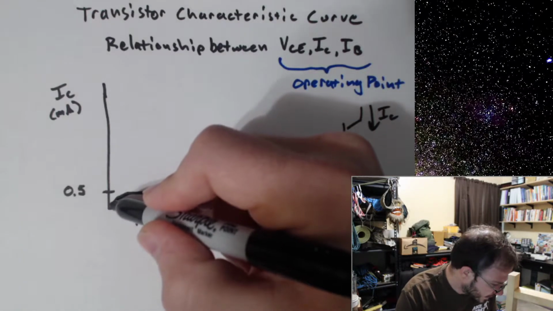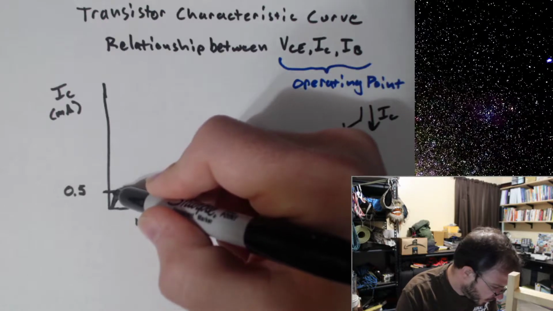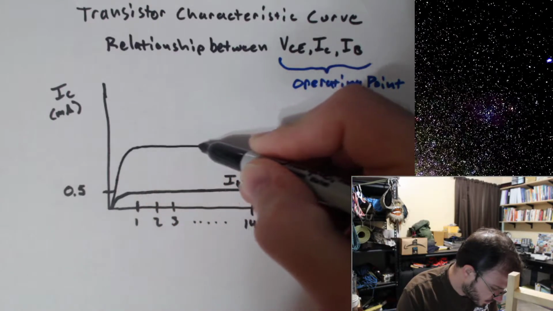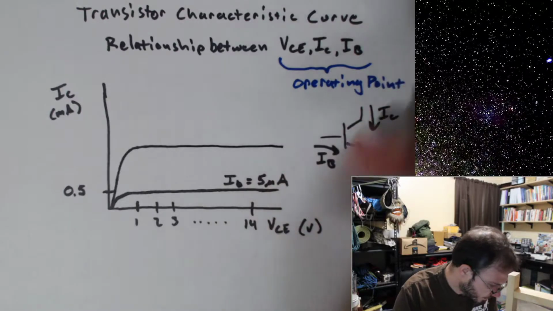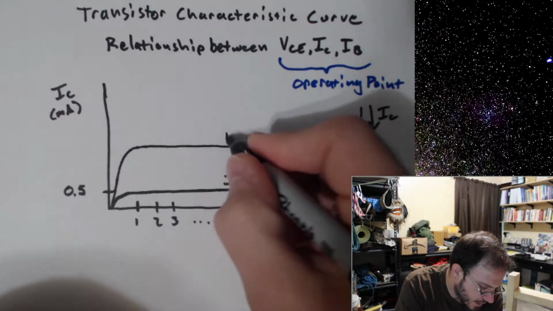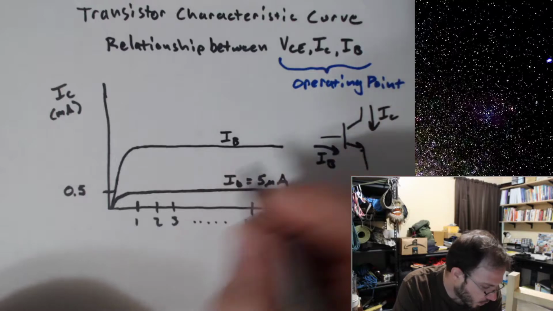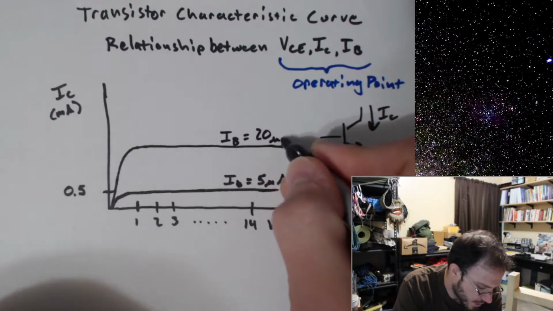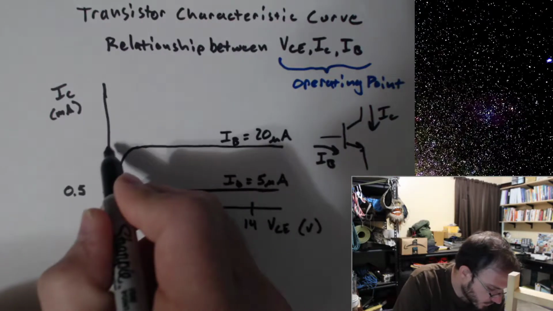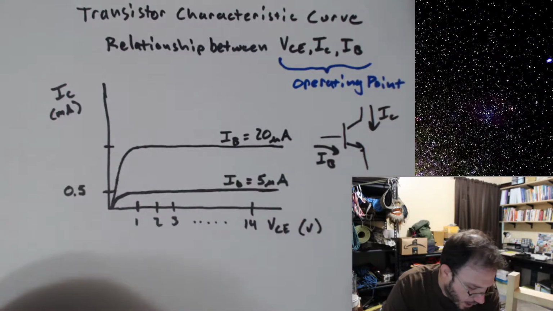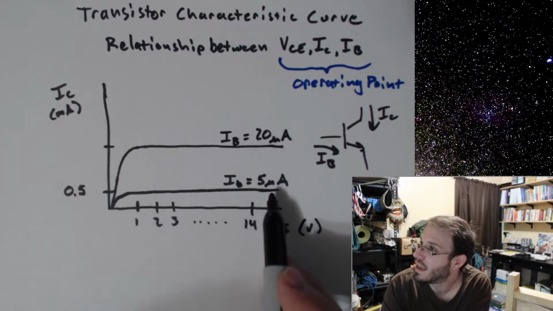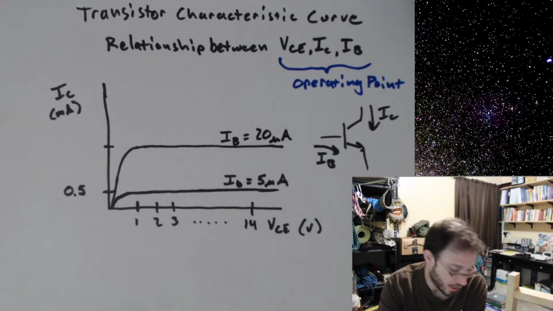Let's look at another curve here. Let's say this curve was plotted for a base current equal to 20 microamps. Now you can see our beta is leaning towards 100, right?